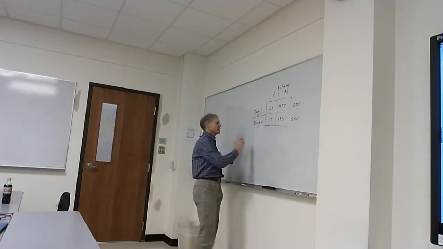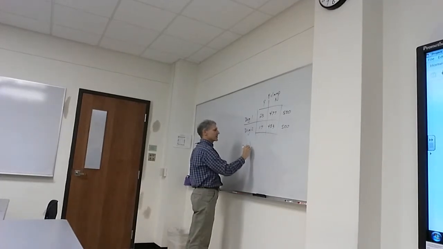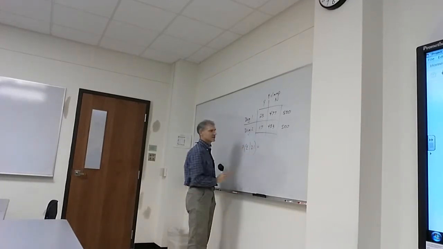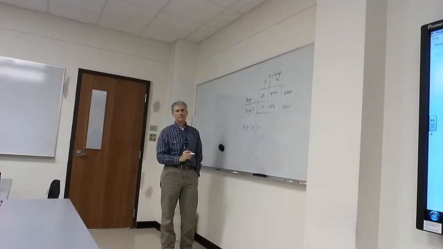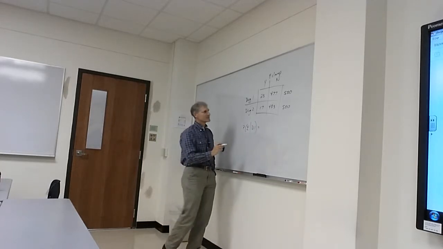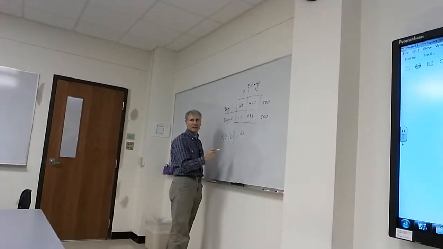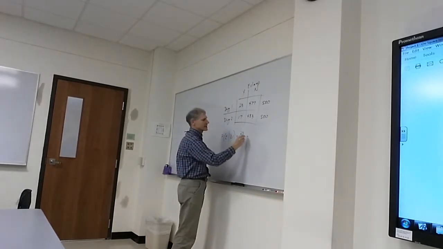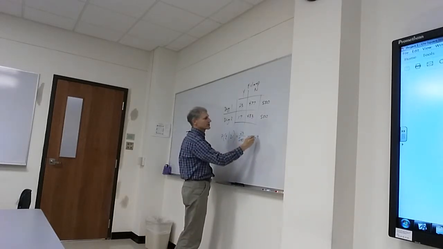So give me the probability of eclampsia given drug 1. Okay, it's 23 divided by 500. And what did you say that is as a decimal? 0.046.